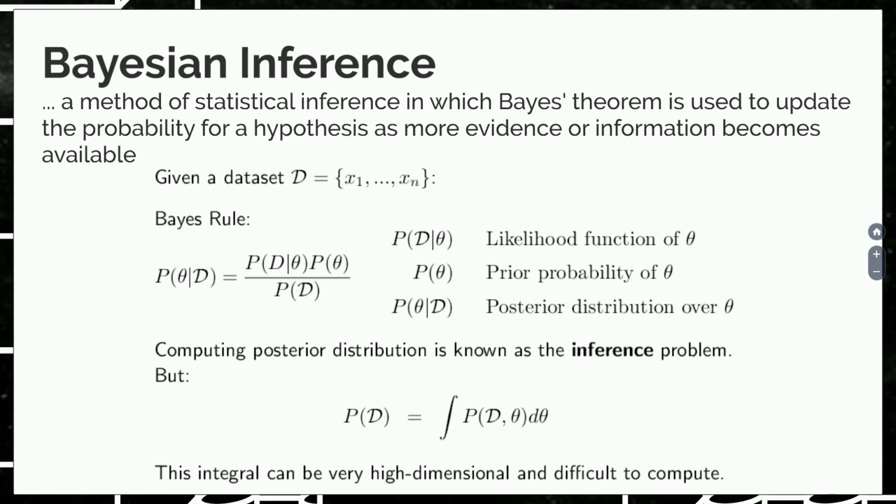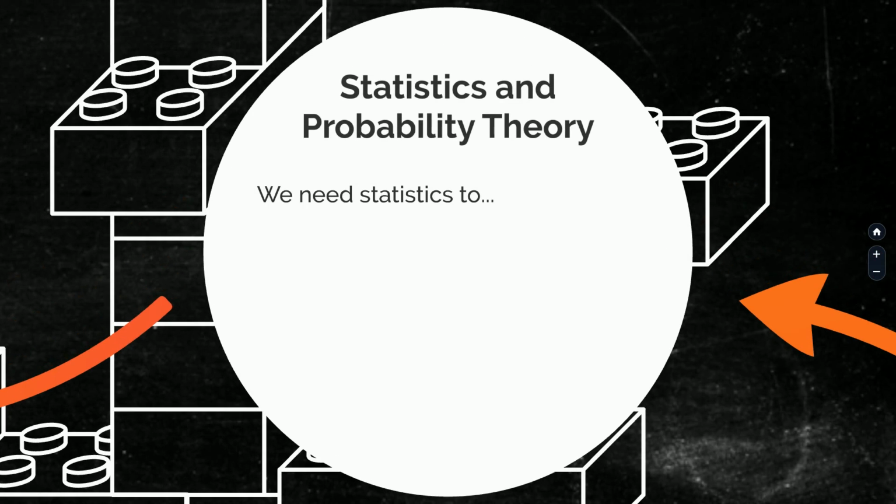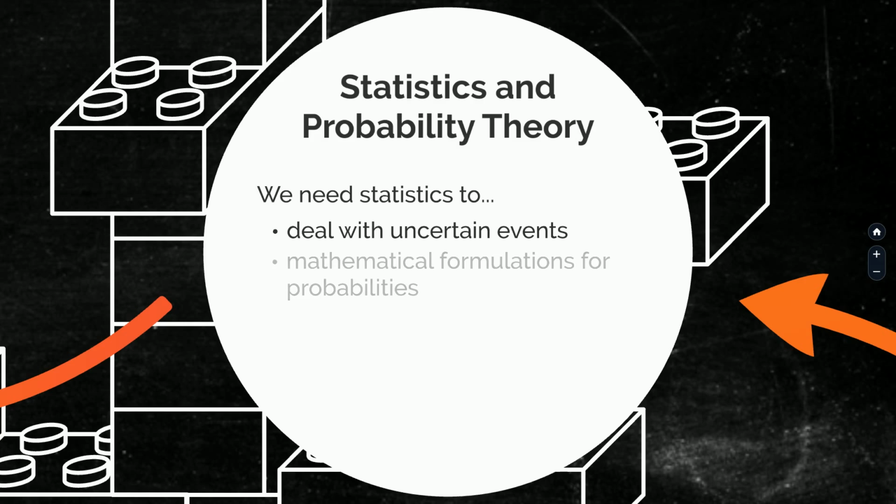But this is actually a good segue into the topic that we're going to talk about next, and that is probability theory. Statistics and probability theory is absolutely essential for machine learning and artificial intelligence. We need statistics to deal with uncertain events. That's what we're trying to do in almost every scenario in machine learning.